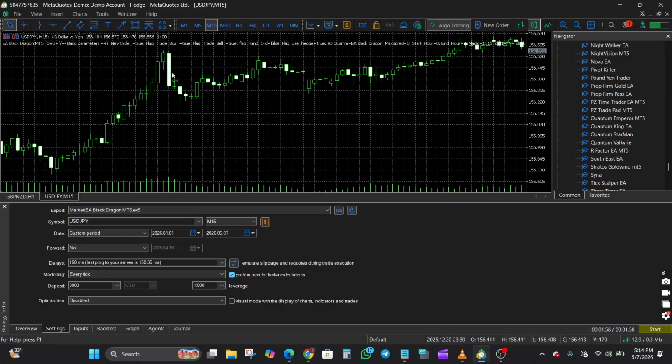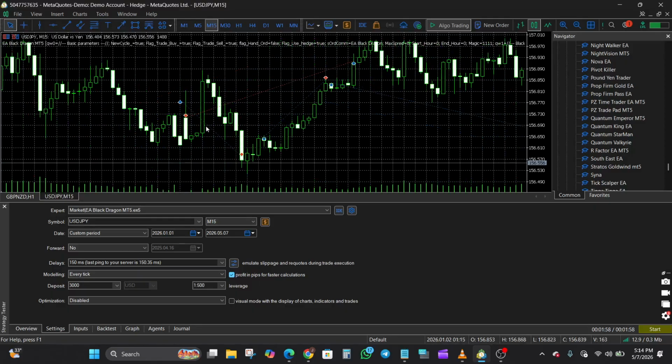We can see here that we had a buy trade, and the buy trade was exited here, so that means it was a losing trade. We had a sell here that was exited here, so this was a losing trade. We had a buy trade here that was exited here. This was a winning trade.